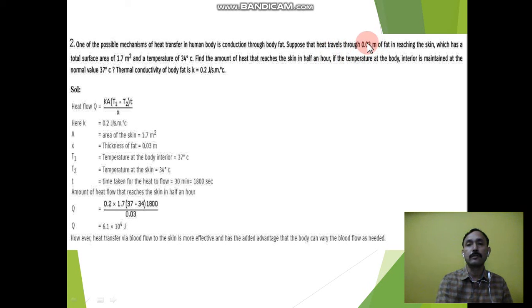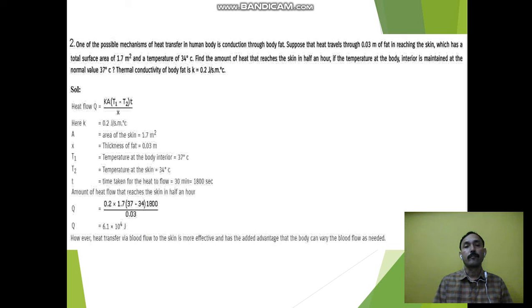So X is equal to 0.03 meter. Putting these values, Q becomes 0.2 into 1.7 into (37 minus 34) into 1800 by 0.03. So we will get the value of Q is equal to 6.1 into 10 to the power 4 joule.